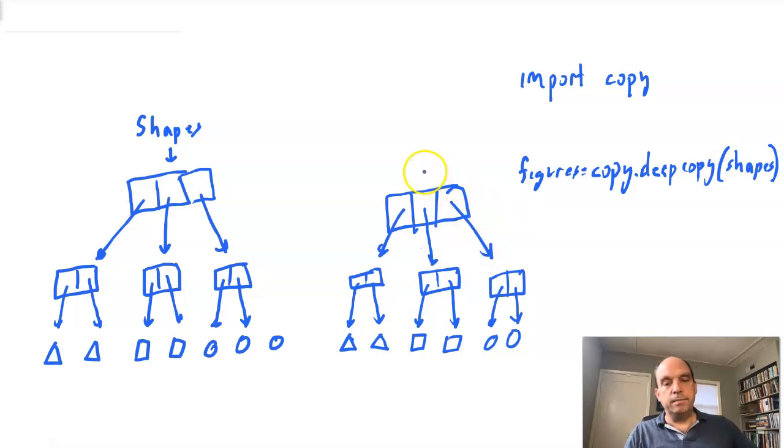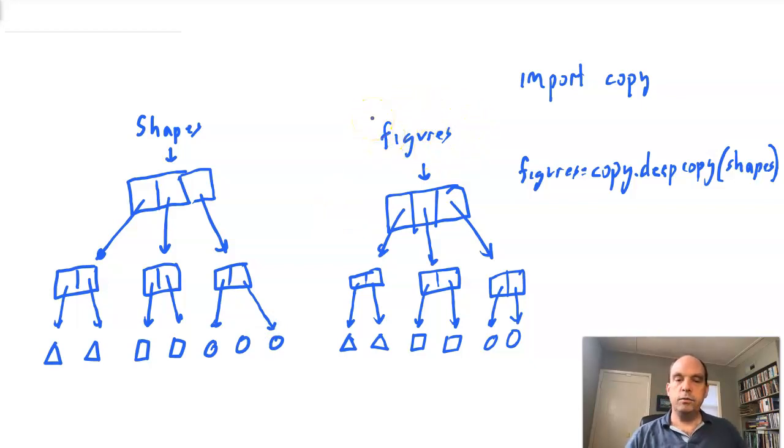And then finally, I bind this top level list to the name figures. Now there's no relationship between the structure that's referred to by the name shapes and the structure that's referred to by the name figures. If I want to change shapes at any level, I can do that without affecting figures at all. So I can remove this reference, change it to the third circle, and figures isn't touched at all.